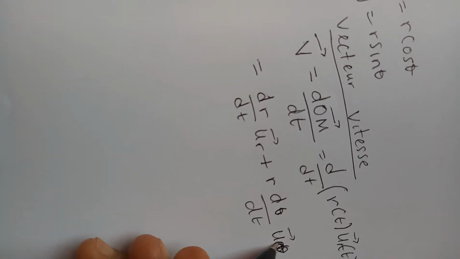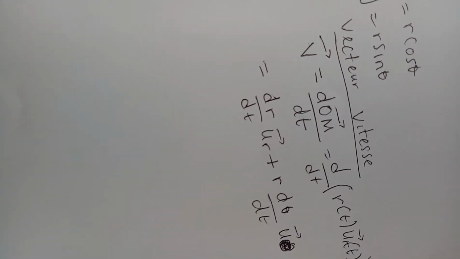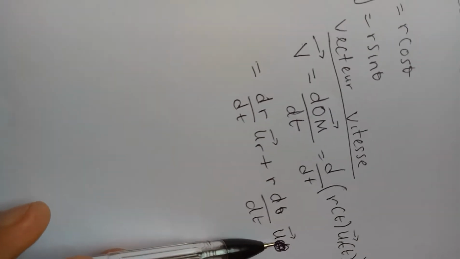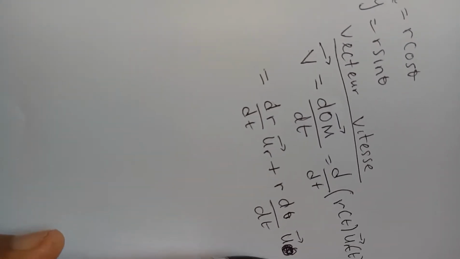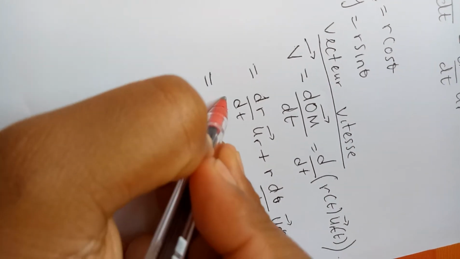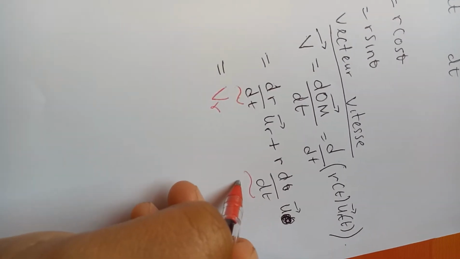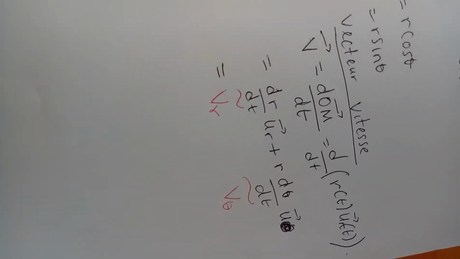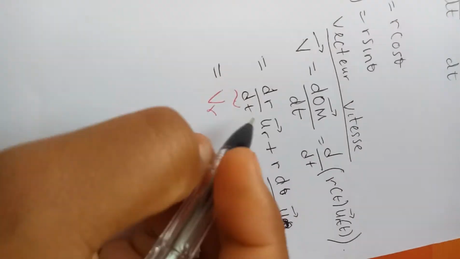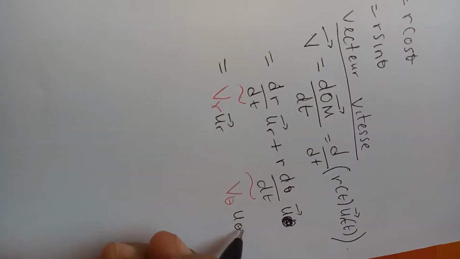We can call the first part V_r and the second part V theta. So we're going to have V_r u_r and V theta u theta.